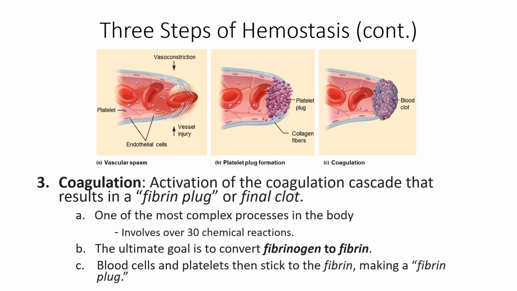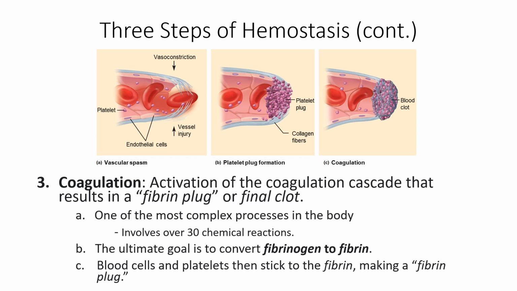The third step of hemostasis is this activation of a coagulation cascade that results in a fibrin plug or final clot. Fibrin plug or final blood clot. This coagulation pathway is one of the most complex processes in the body.